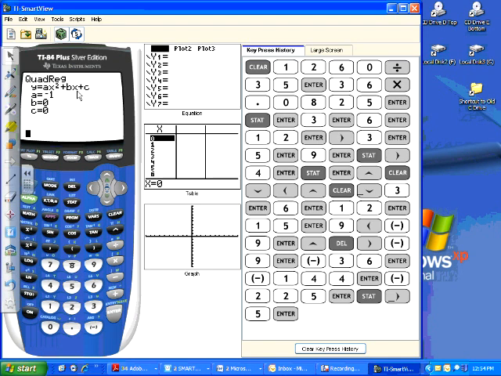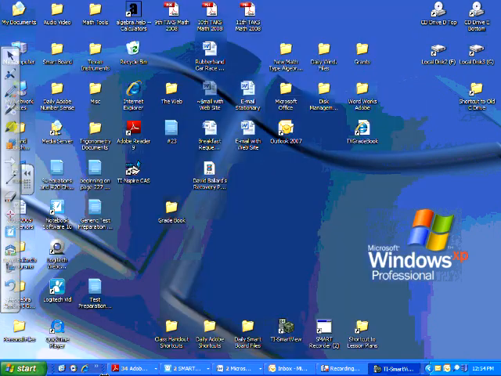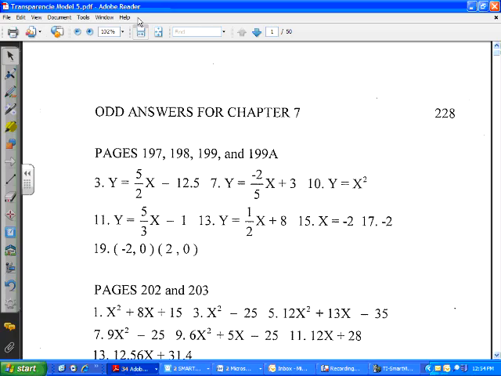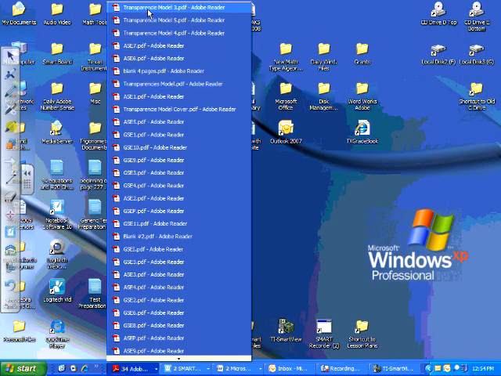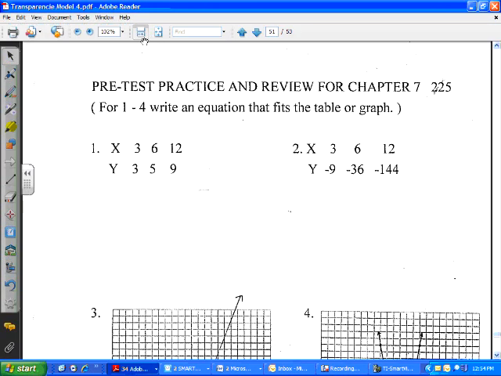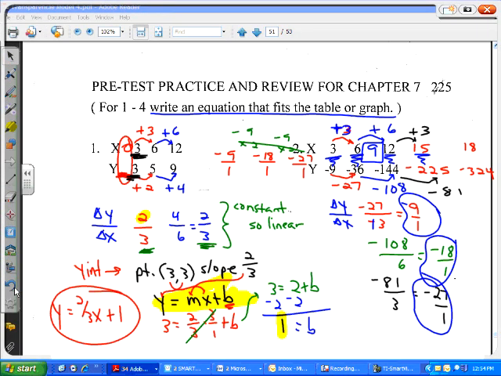The 0 here wipes that out. And so our answer for number 2 is going to be y equals -x squared.